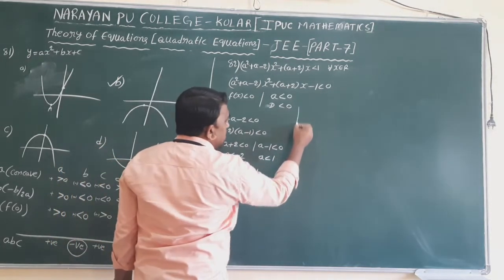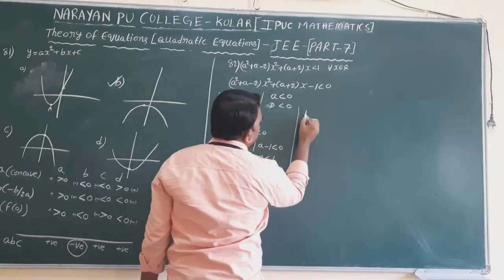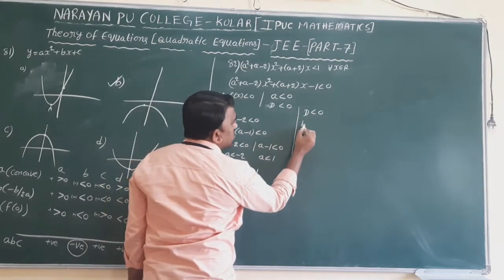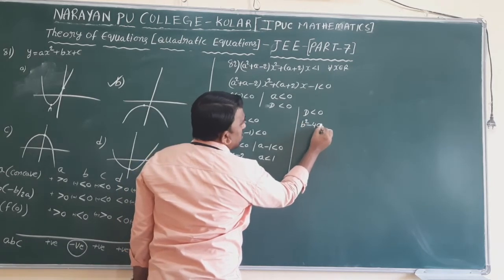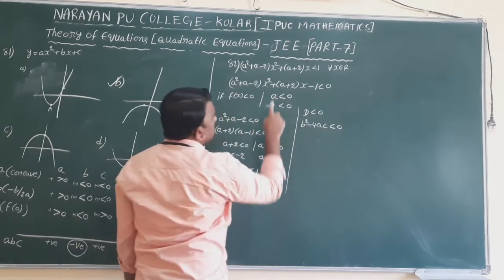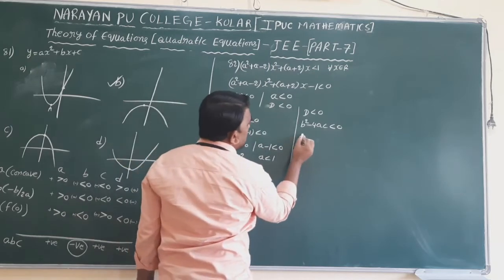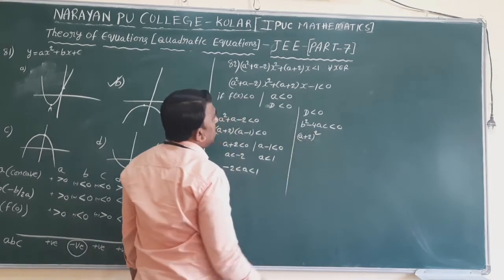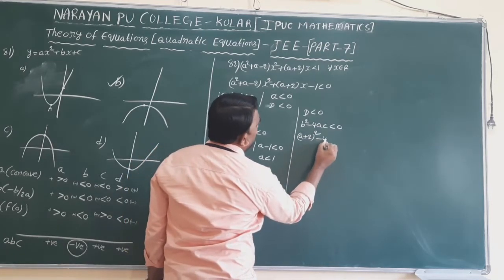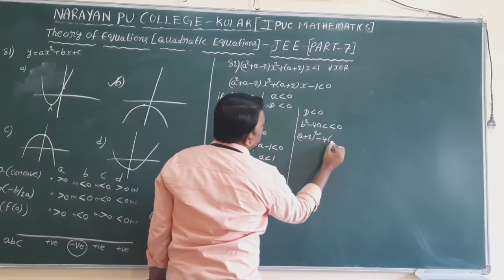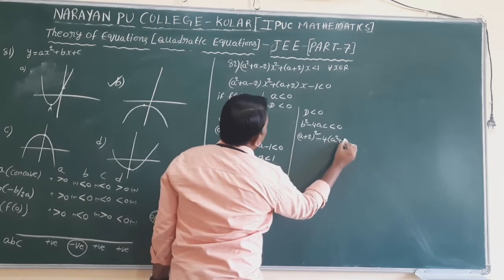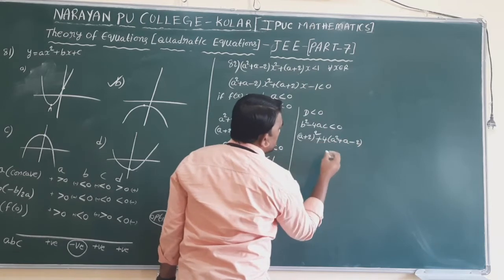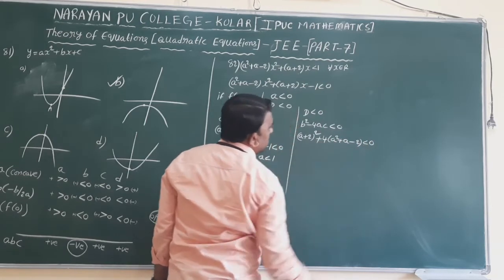So next, the discriminant is less than 0. Discriminant is nothing but b² − 4ac is less than 0. b² − 4ac: (a + 2)² − 4(a² + a − 2) times c value, −1. So minus into minus is plus, less than 0.